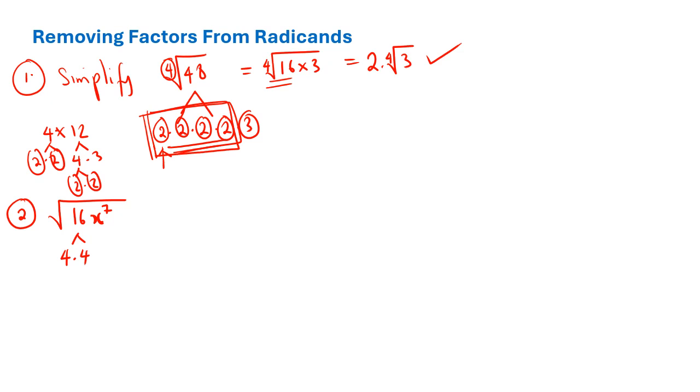But then let me look at the factors of x to the 7th. I know that x to the 7th means x times x times x times x times x, and so on, times x. I'll count 1, 2, 3, 4, 5, 6, 7.